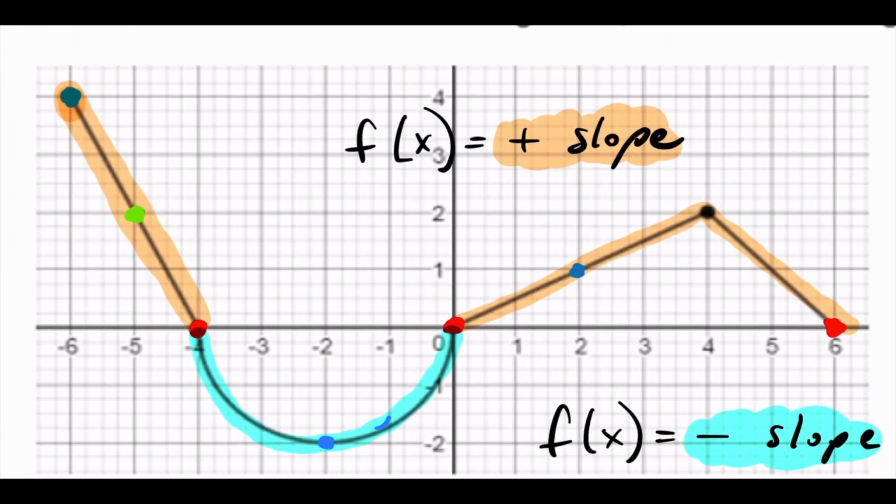F double prime of this green dot here, that's at -5. To find the second derivative, I have to find the slope. So the slope of this segment was -2, right? So that means this green dot is at -5, -2. Where on the graph will this have a y value of 0? That's what I'm asking.